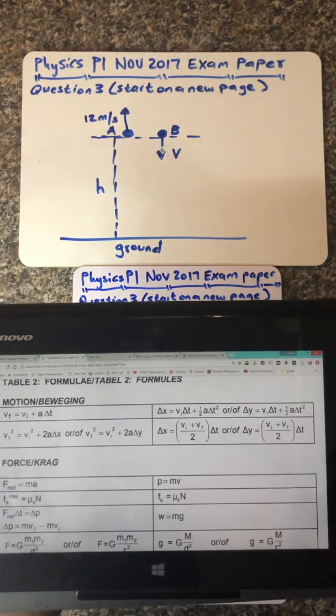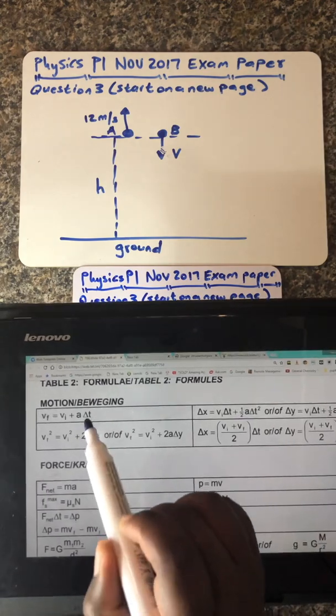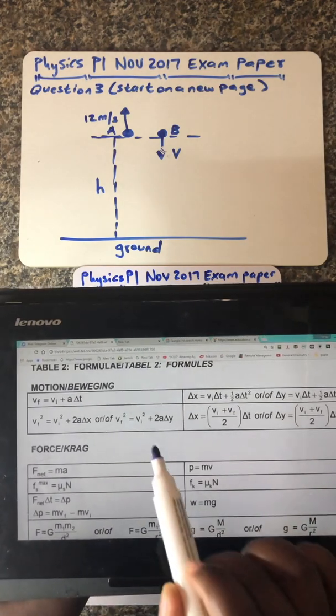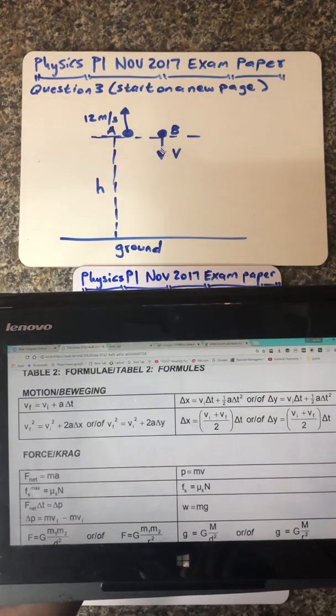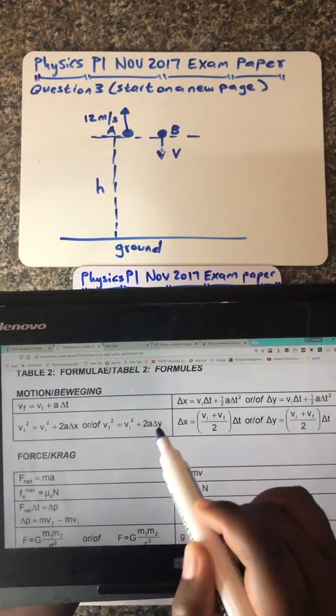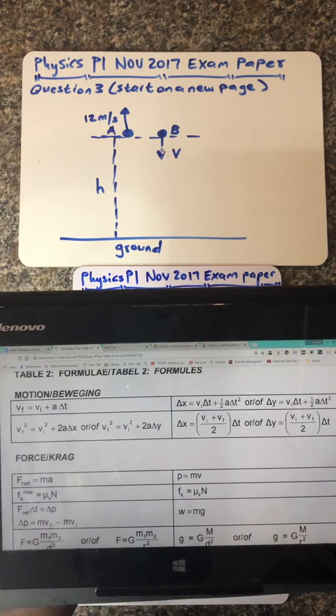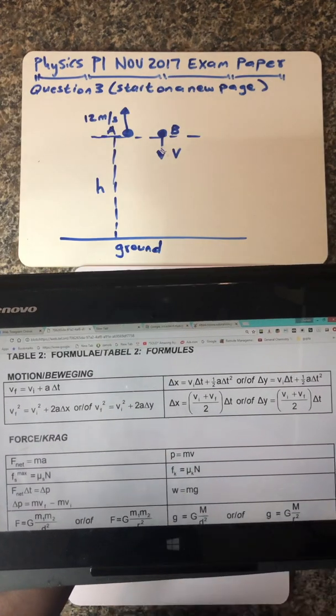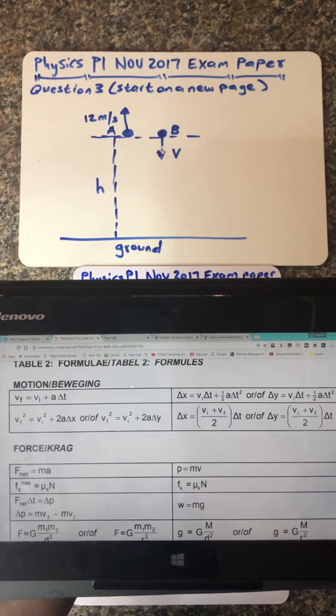So let's just have a look. The first formula doesn't have the age, and then the second formula has the age, which is represented by delta y, but I can't use that formula because we haven't got a time.